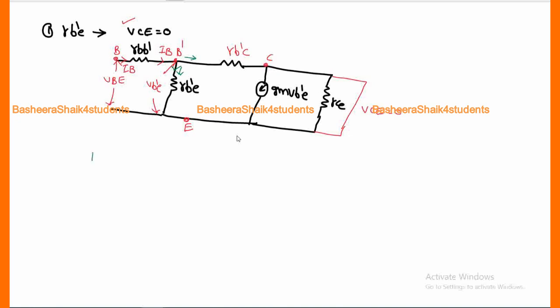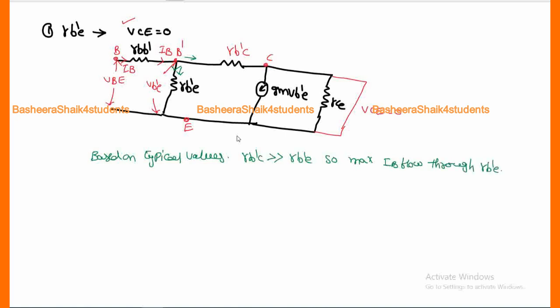But based on typical values, rb'c is much greater than rb'e, so maximum IB flows through rb'e. Based on this we calculate Vb'e equal to IB into rb'e. Let's consider this equation number 1.